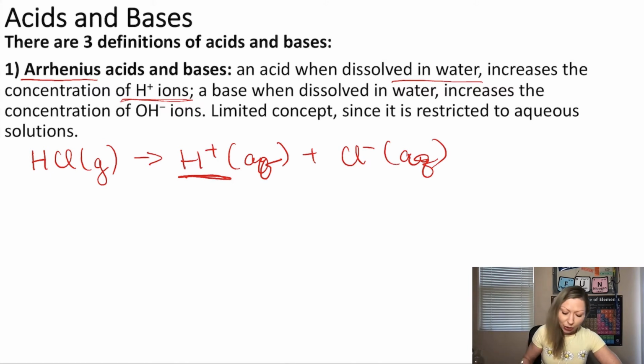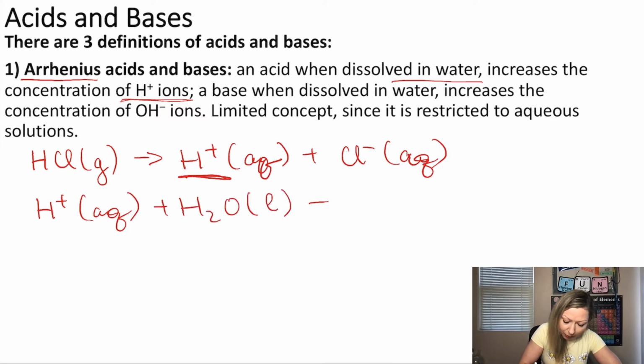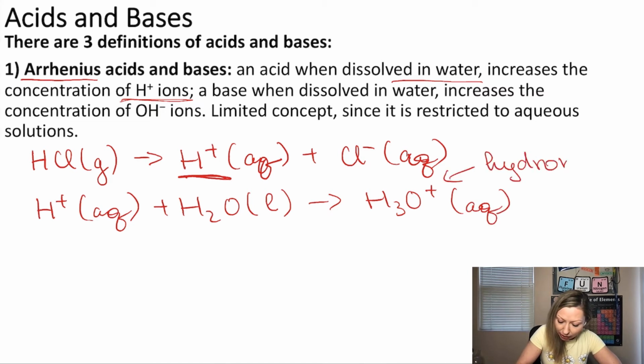What's actually interesting is that H plus can combine with water, H2O liquid, and produce the so-called hydronium ion, H3O plus aqueous ion. So this is the so-called hydronium ion.